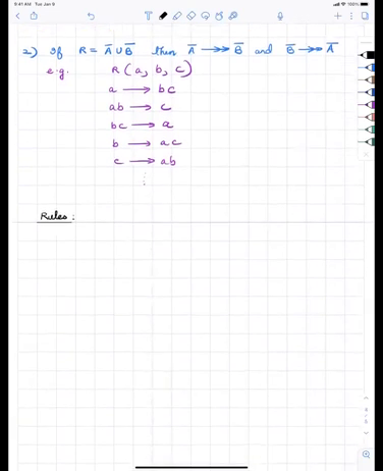Okay, so rule numbers. Let's start with rule number 1.